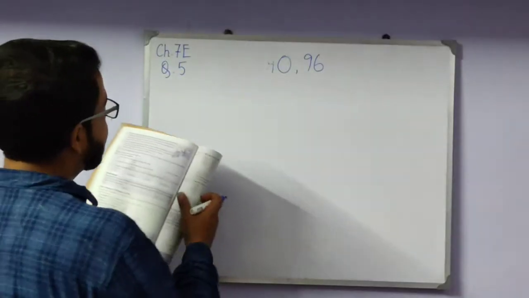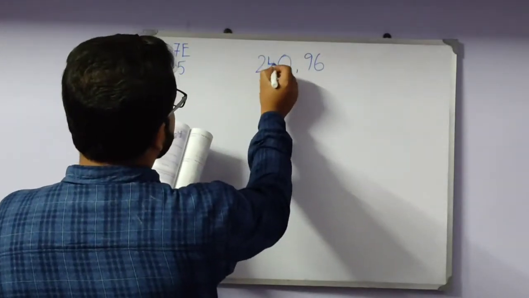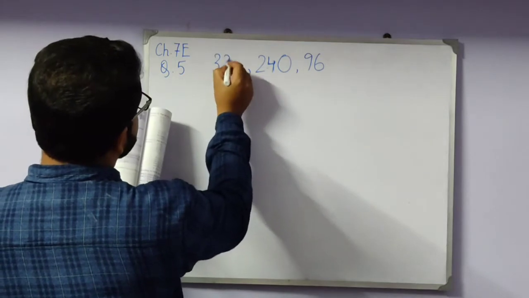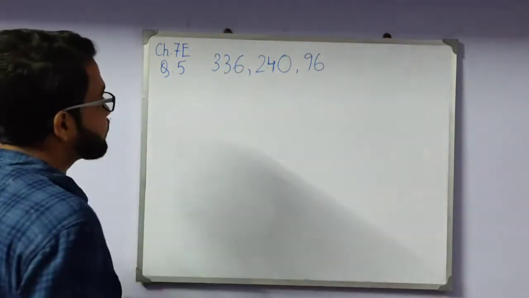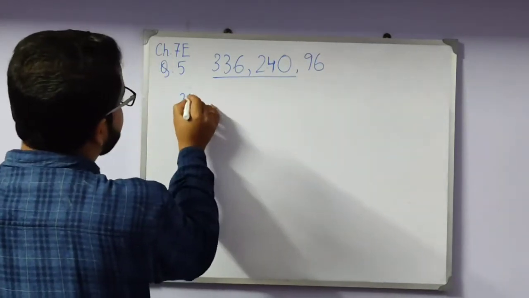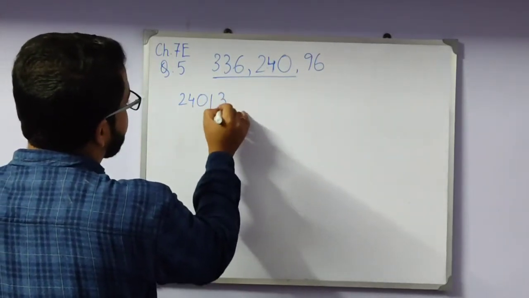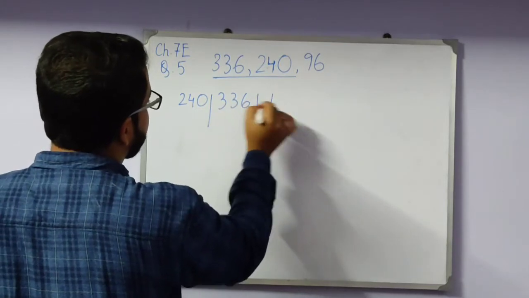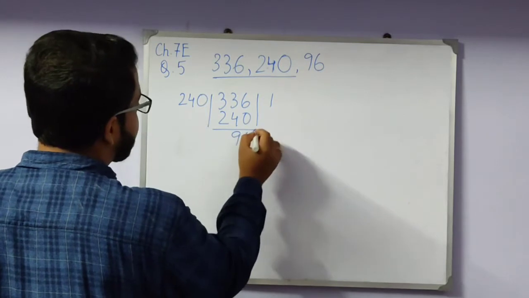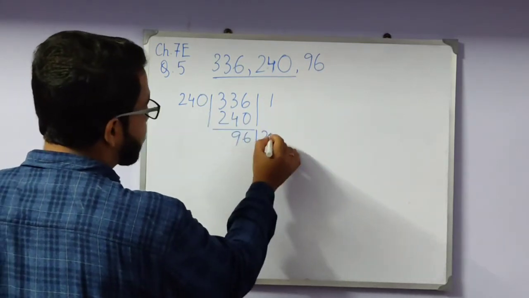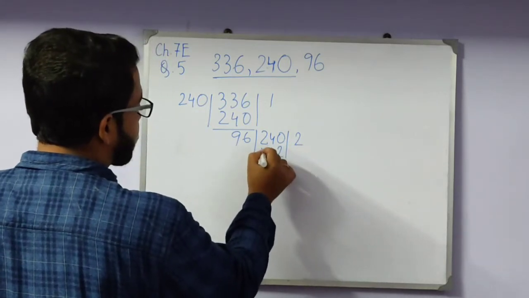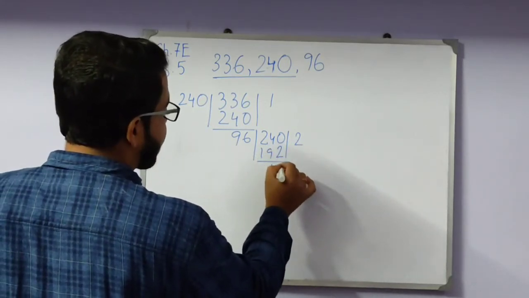First write the numbers, that are 240 and 336. So first take these two numbers to divide. 1 times 240, 96. Now put this 96 here. 2 times, the remainder is 48.